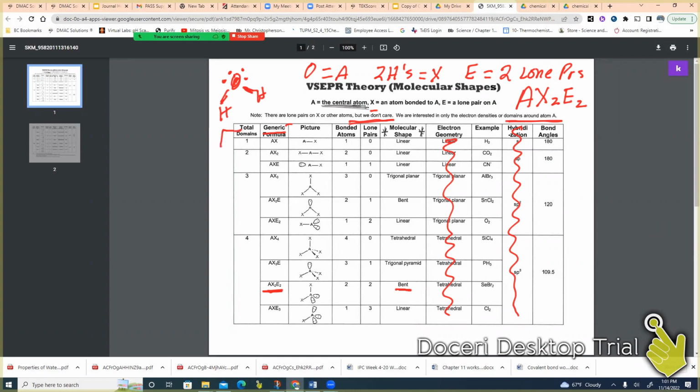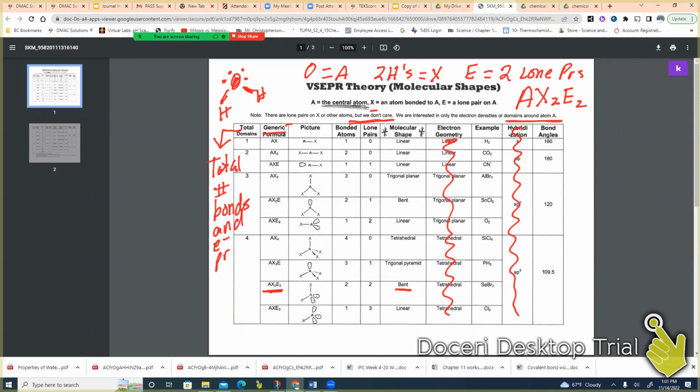So if you are looking for domains, that's the total number of bonds and electron pairs that are around the central atom. And it just kind of gives you a smaller place to try to figure out what it is on the table.